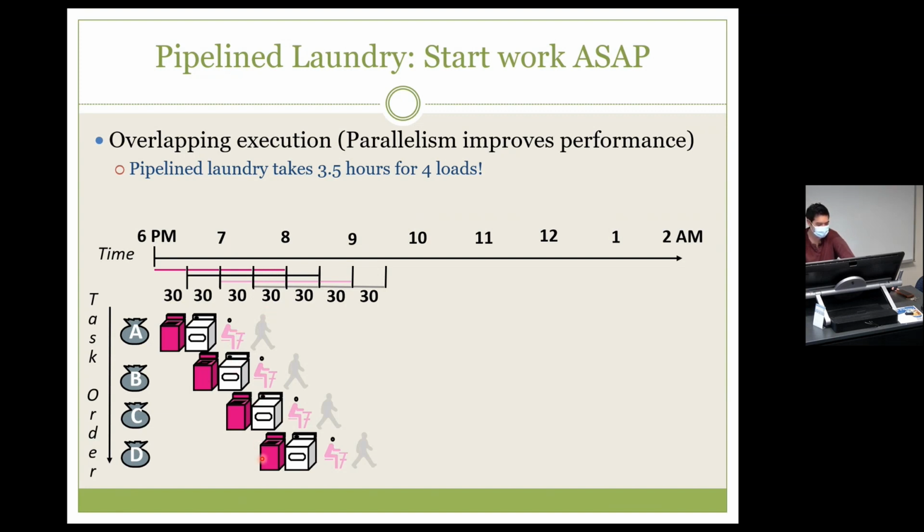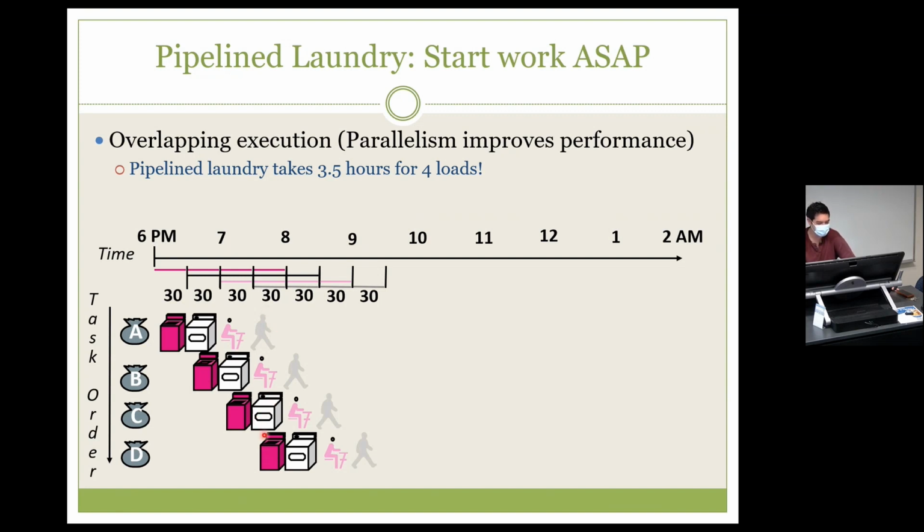And then here we've reached peak performance of doing laundry, because now every single step is being used. We're putting laundry away, assuming we have 2 people, someone's folding, the washer is being used, the dryer is being used.